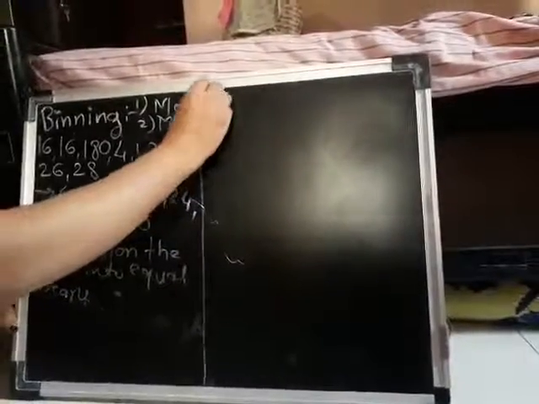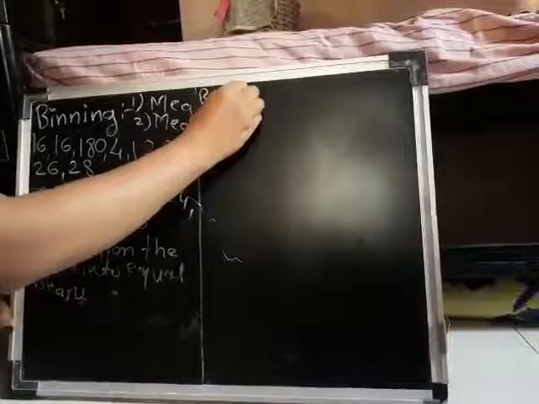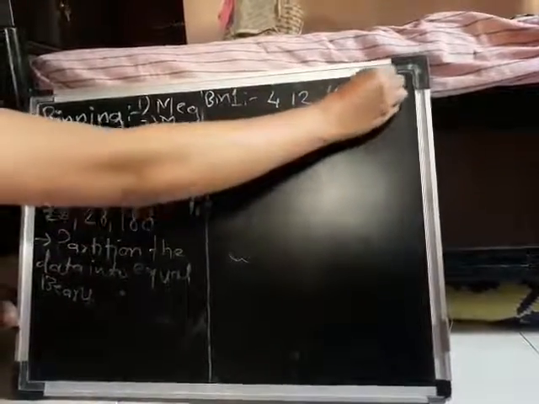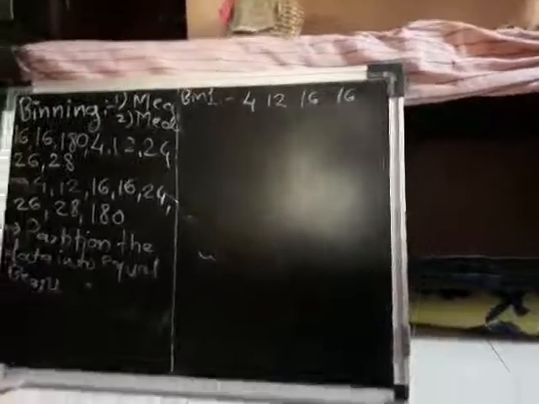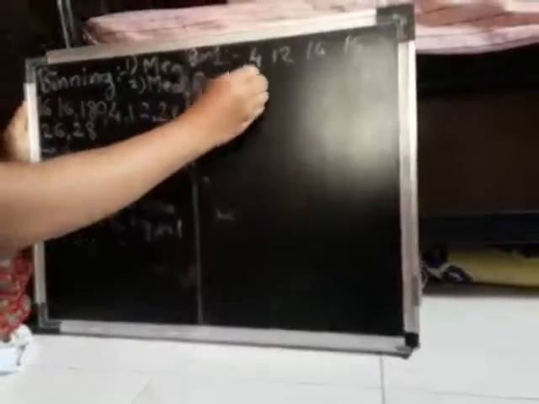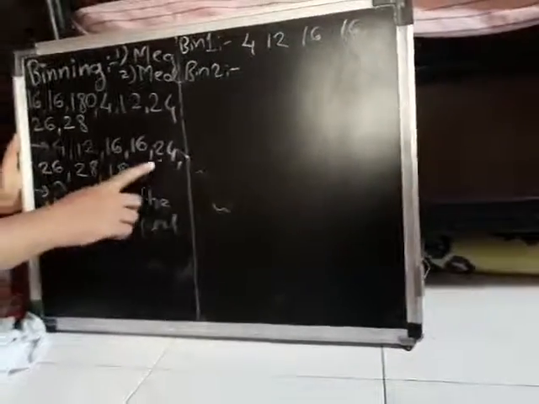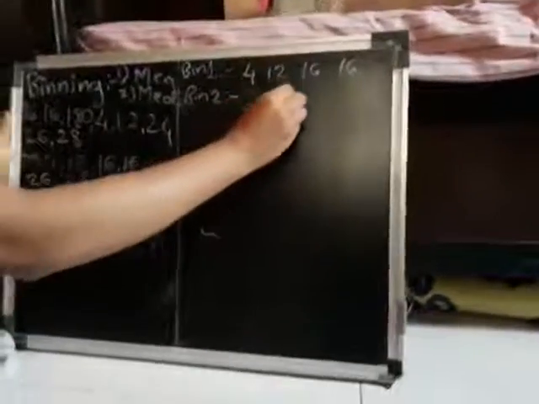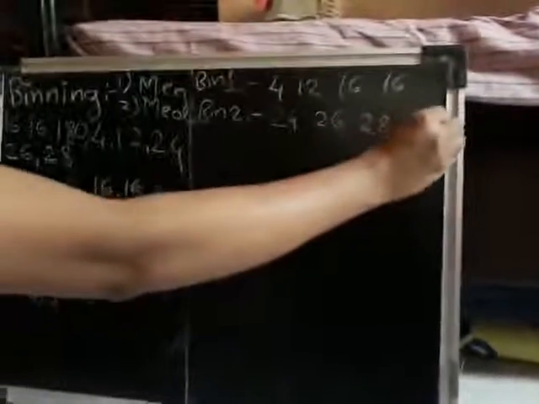So bin 1 is 4, 12, 16 and 16, right? Now in the same way the remaining attributes are put into another bin. So 24, 26, 28, 180 come in another bin, 24, 26, 28 and 180.